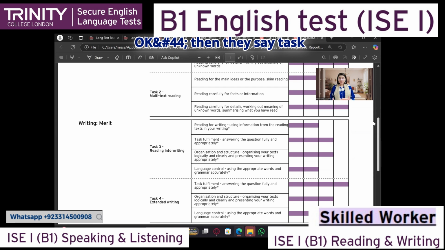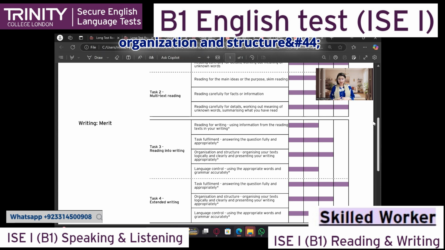Then they say task fulfillment, answering the question fully and appropriately. Appropriately means properly. And of course, I'll let you know how to do it, because if you're finding an answer to a bullet point, you must look at text A, B, C, D together so that you can find the information fully and appropriately.